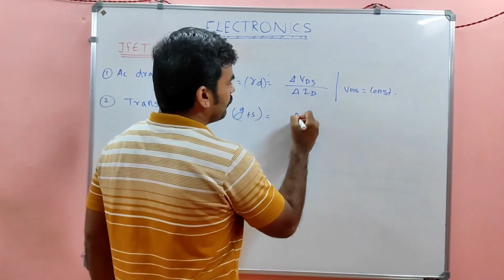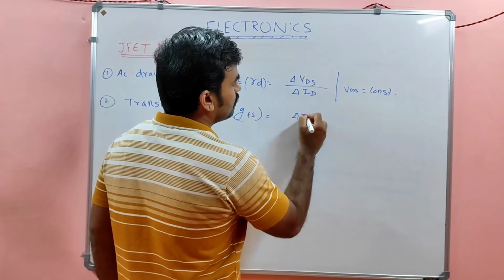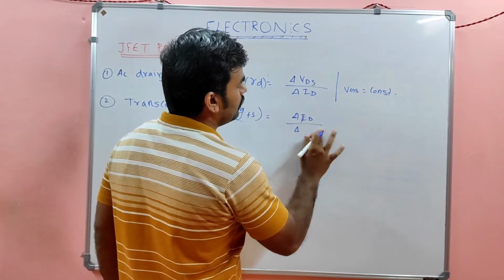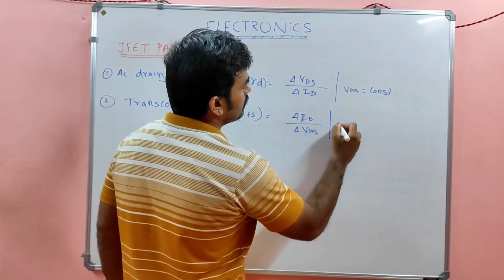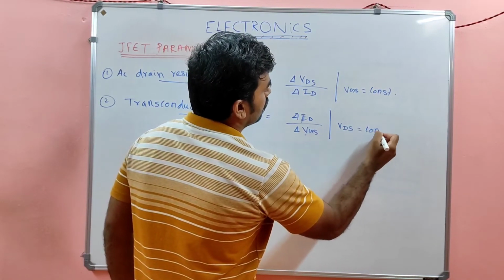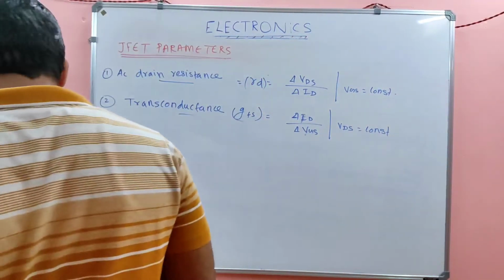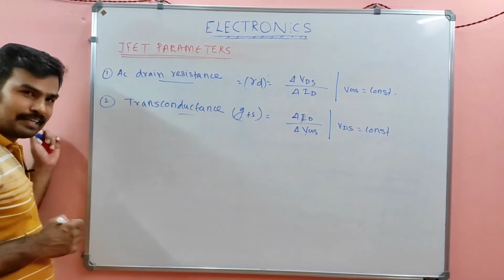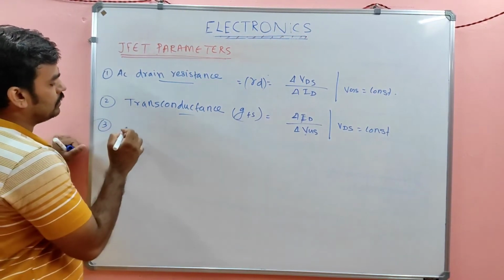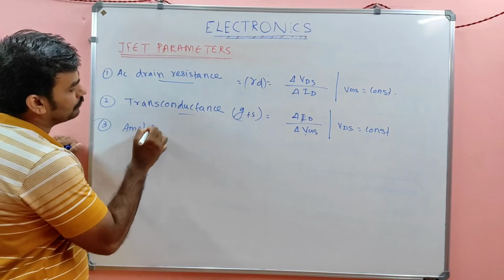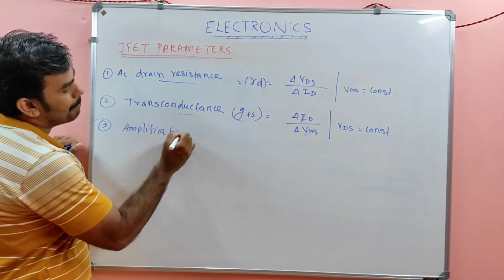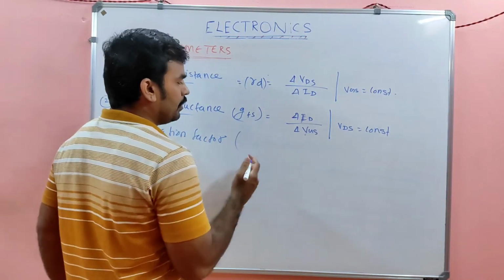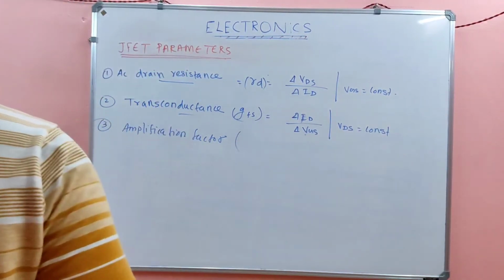Conductance means output current divided by input voltage. So delta ID divided by delta VGS at VDS equal to constant is called the transconductance of the JFET. The next term is the amplification factor, represented by mu.